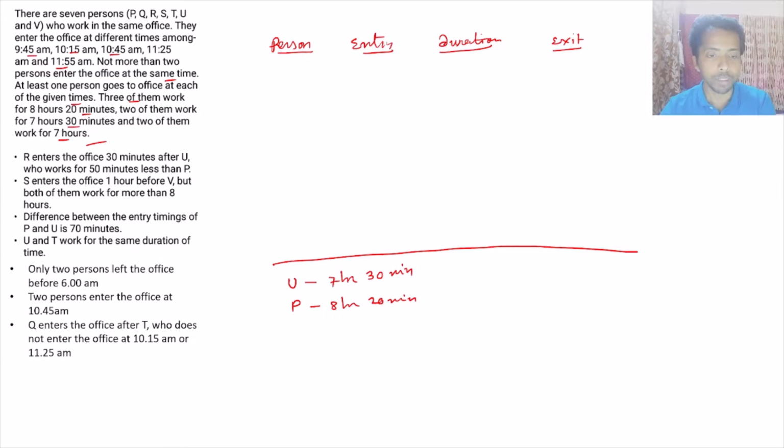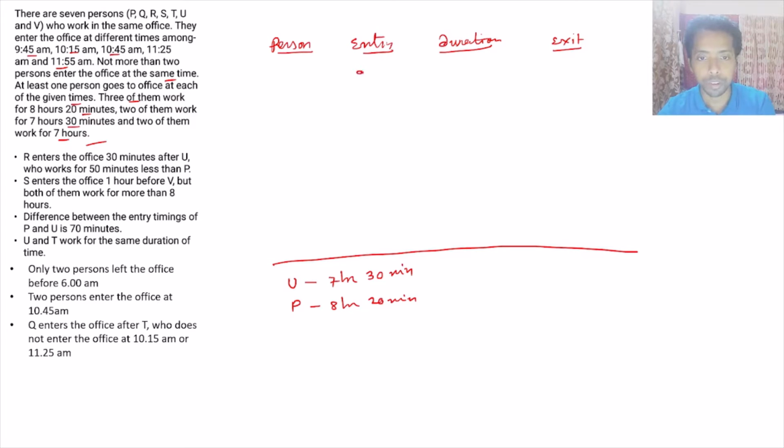S enters office 1 hour before V, but both of them work for more than 8 hours. So this 1 hour gap in the entry time means 9:45 and 10:45. One condition, 10:15 and 11:25, no. 10:45 and 11:55, no. So only one option is there, that is S is at 9:45, then V is at 10:45.